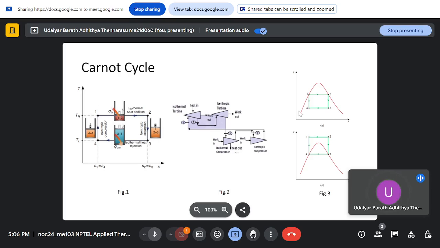Then we said your isentropic process, which is happening as 1 to 4 or 2 to 3, is happening in a two-phase region. So handling this two-phase region in a compression or expansion process is not good. You may have difficulties there because your turbine blades may erode, and in compression, the liquid being incompressible may damage your compressor.